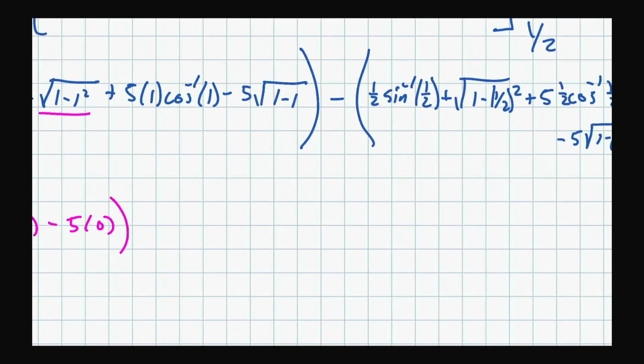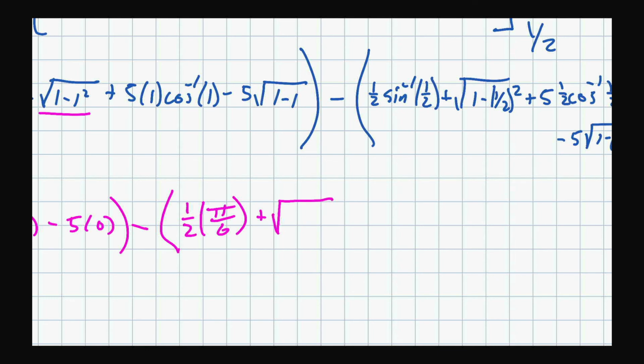Then we got minus another big set of parentheses. This is going to be a little bit trickier. We have 1/2. Then you've got sine inverse of 1/2. So sine inverse of 1/2, where is the sine equal to 1/2? Pi over 6. Use a calculator if you need it on these. Okay, pi over 6 plus square root.